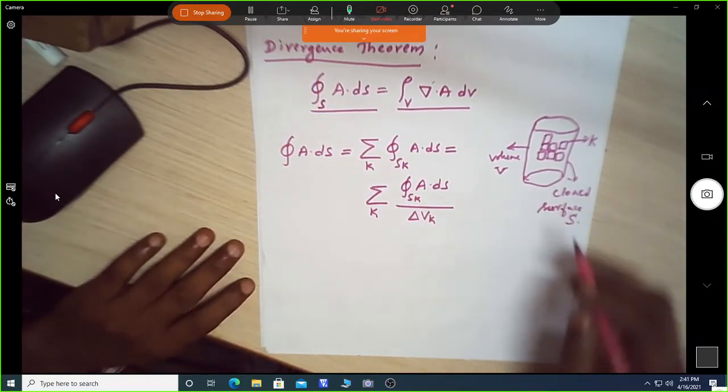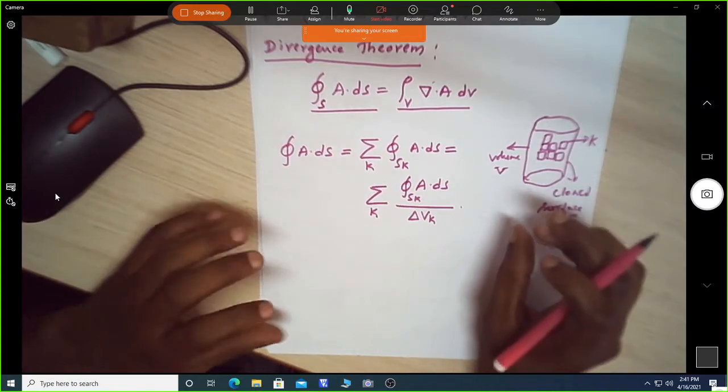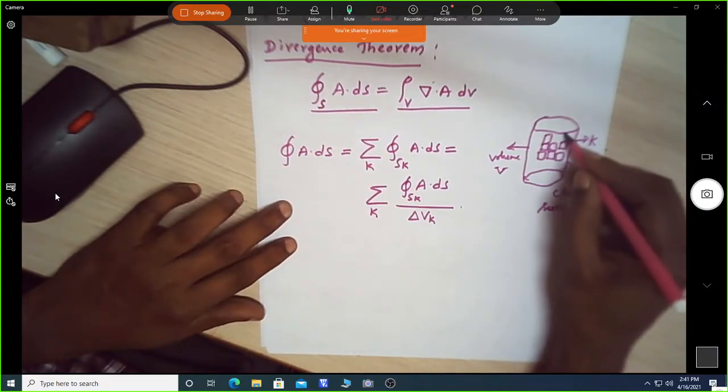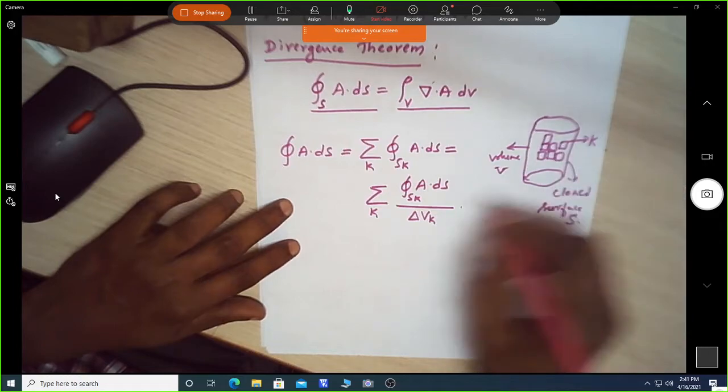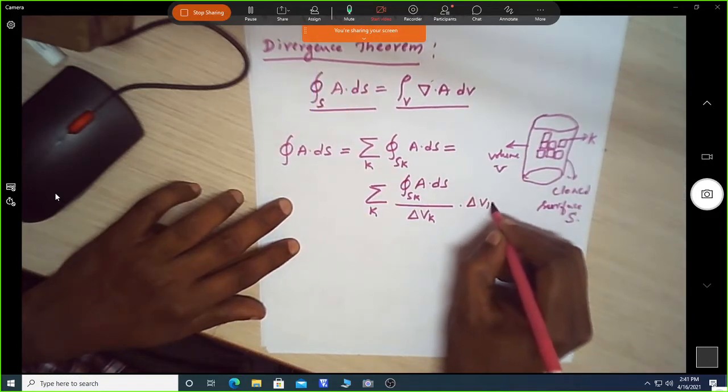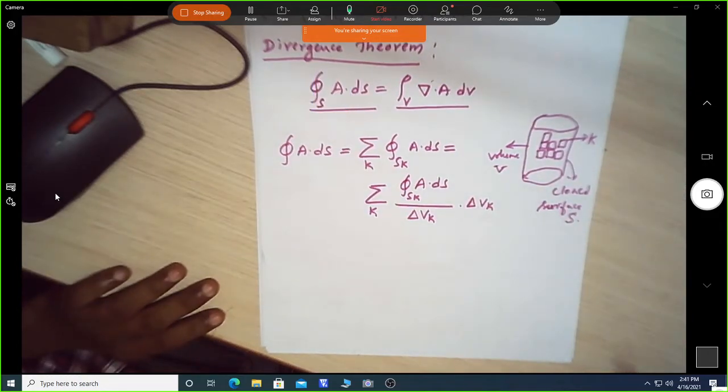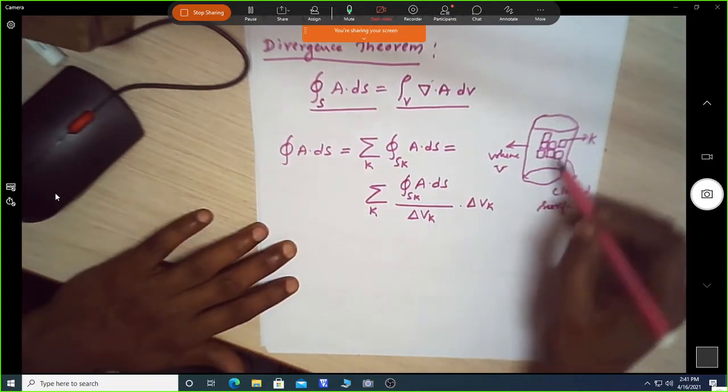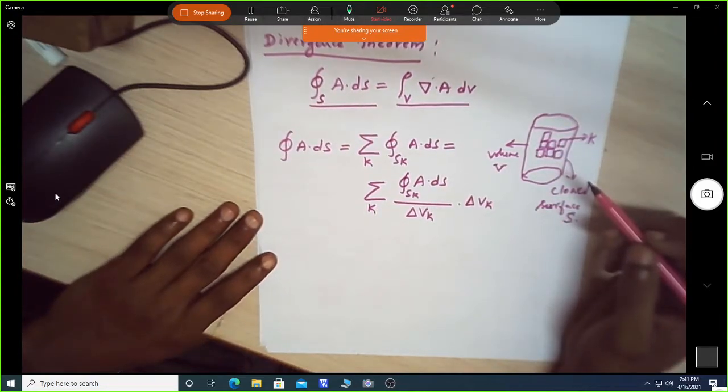So within this closed volume we can define small volumes like this.